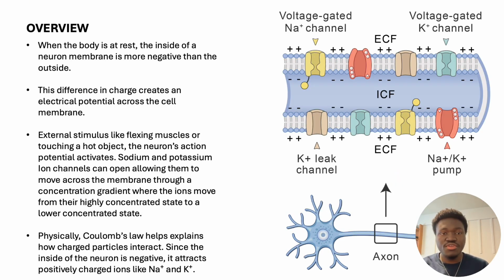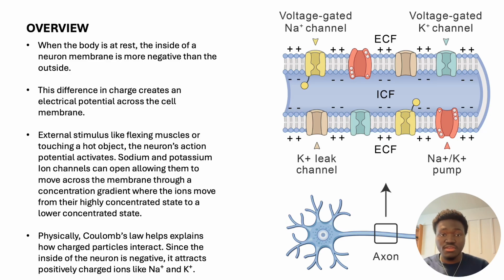So, with a brief overview, imagine when your body's at rest, the inside of the neuron cell membrane is negatively charged and the outside is filled with positively charged ions. This difference creates an electrical potential across the membrane.